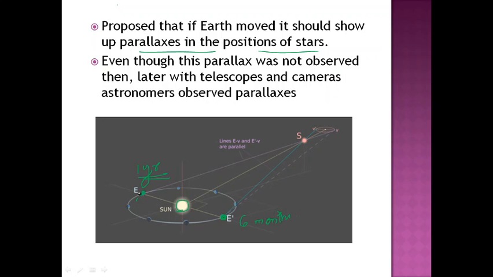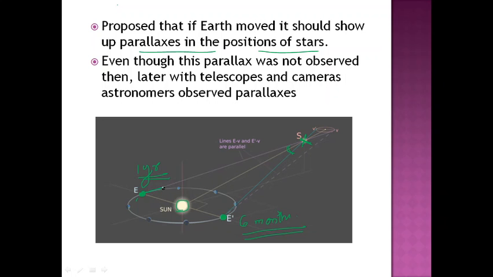For Earth to move from one point to the diametrically opposite point of the circle, it will take 6 months. So if you are looking at the same star in a 6 months gap, we should be able to record some parallax. Parallax means the difference in angle.